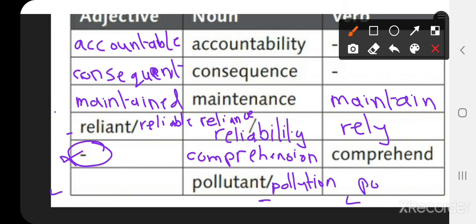Okay? And the adjective, yes, it is what? Polluted. So it's polluted. Clear?